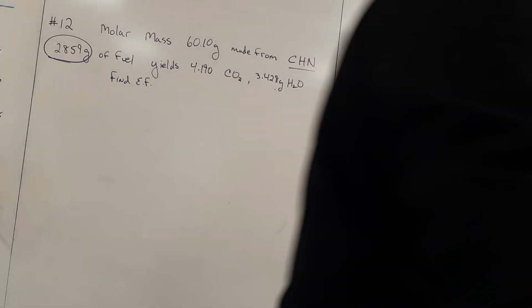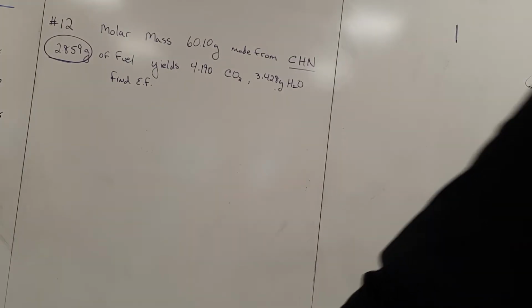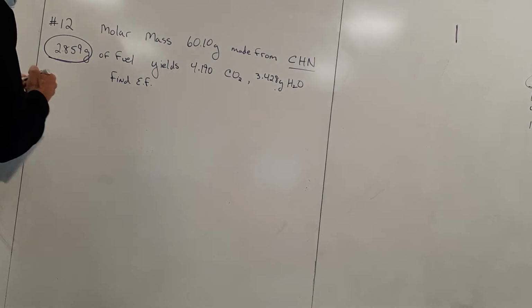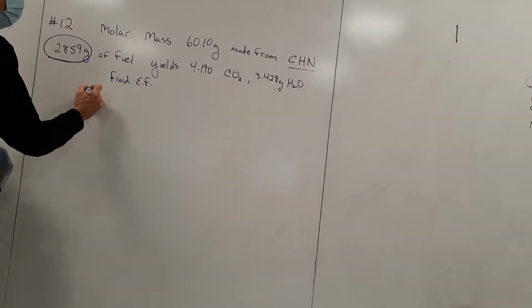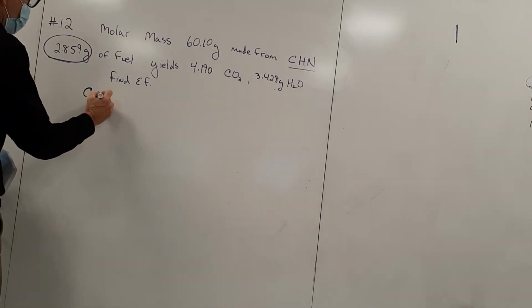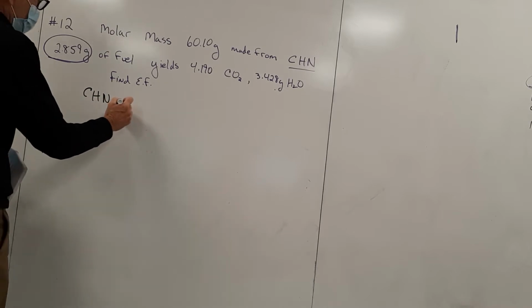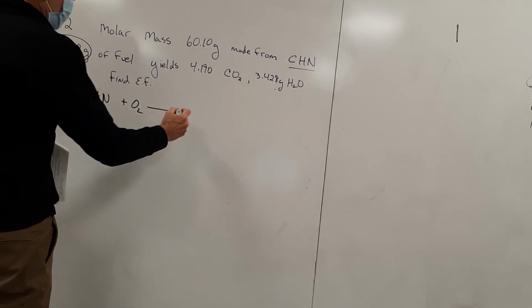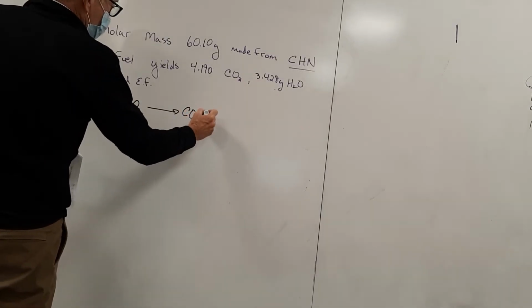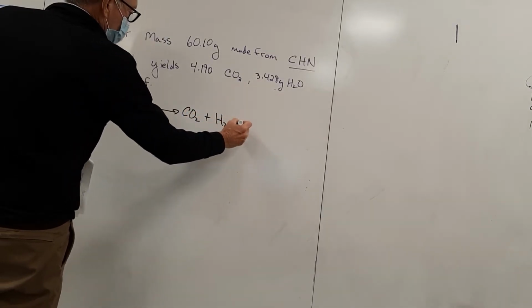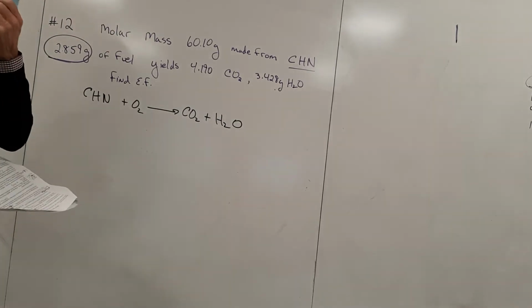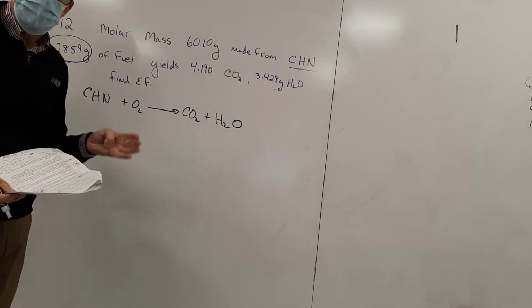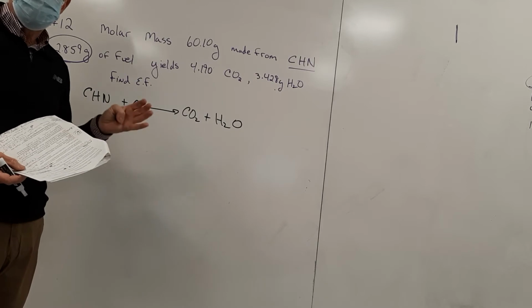It says it's excess oxygen. So I'm going to write the equation. I've got this fuel, CHN plus O2 is going to yield CO2 plus H2O.